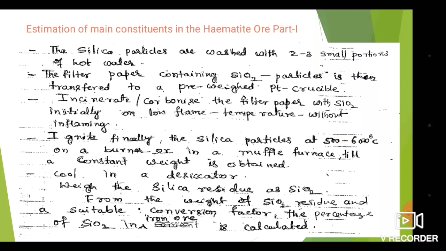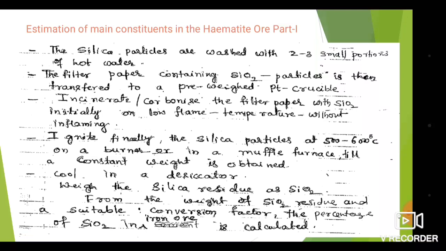So that is the method for the estimation of silica present in the given hematite ore. How will we estimate the silica present in the given hematite ore? The simple method: after dissolution of the ore, whatever residue remains undissolved is nothing but the silica, which is filtered by means of Whatman filter paper number 41.